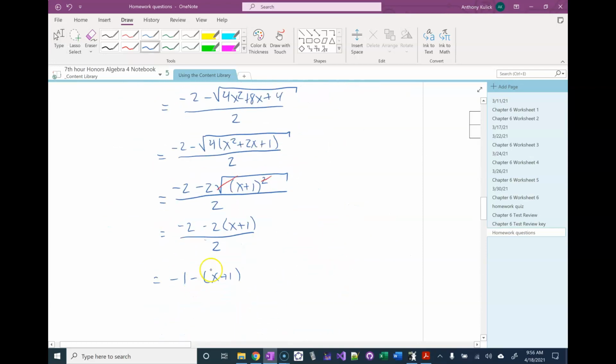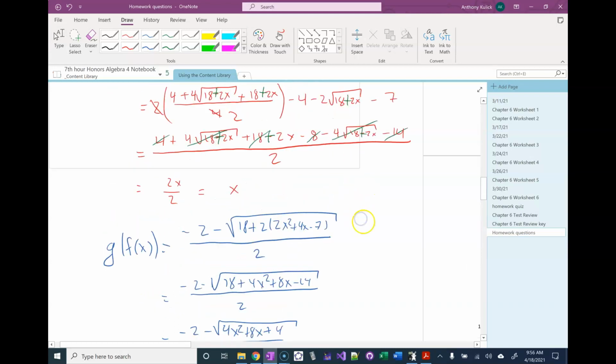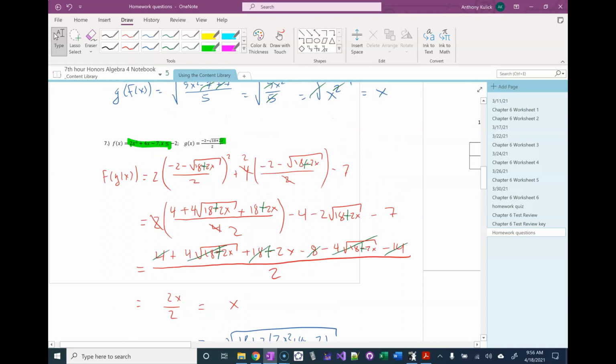Because see, when I do this and I distribute that negative through, what is it? Where is my problem? Maybe I just goofed up this problem when I made it.